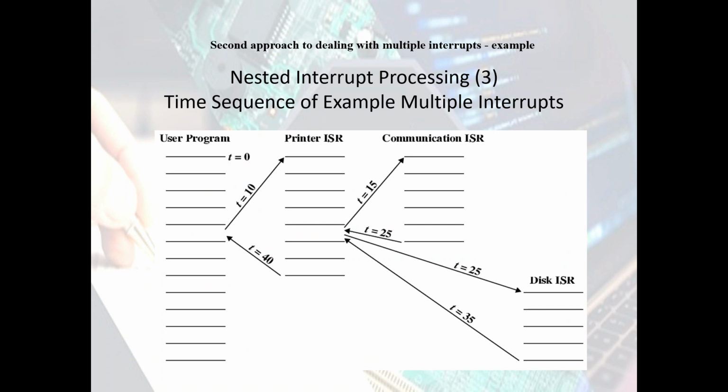Nested interrupt processing, in the context of handling multiple interrupts, involves a time sequence where interrupts of different priorities are managed in a nested or hierarchical manner. In simpler terms, when multiple interrupts occur at different times, the system processes them based on their priority levels.